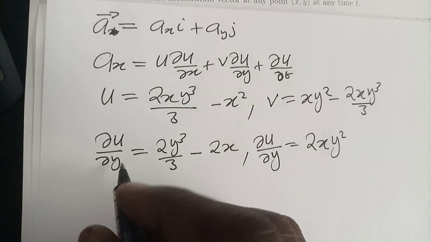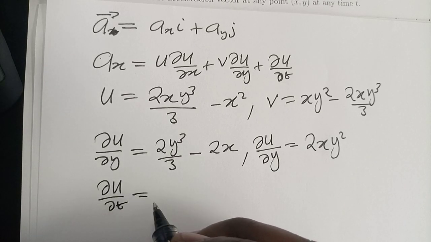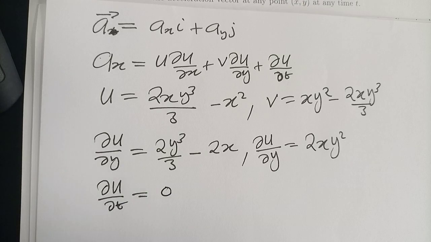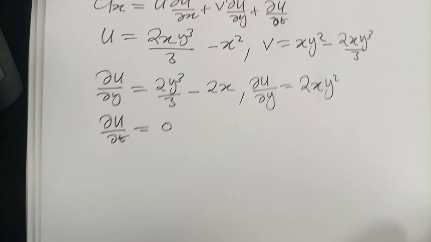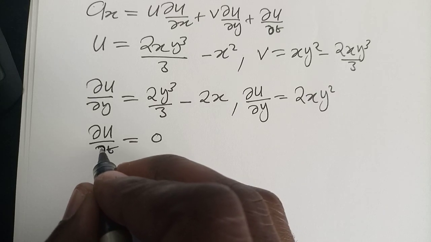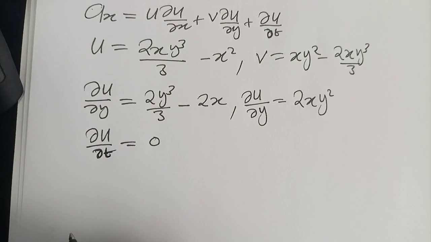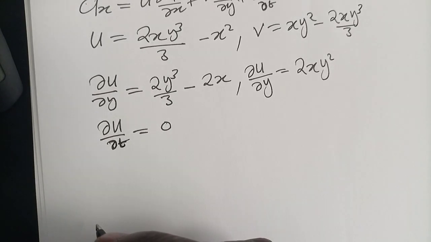Well, first we also need to find our partial derivative of u with respect to t. That is going to be 0. This is a steady flow because the variables do not change with respect to time.